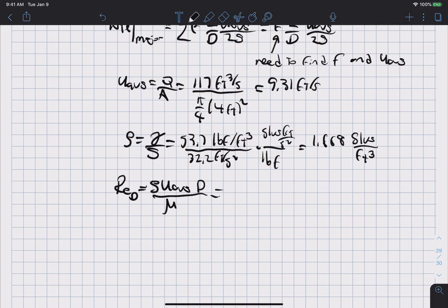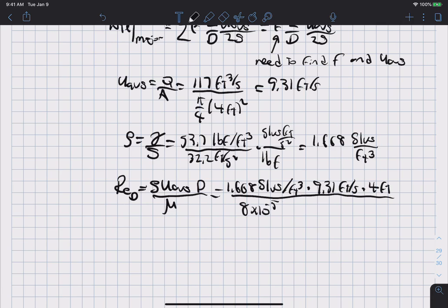Sticking in the numbers, this is 1.668 slugs per cubic foot times 9.31 feet per second times 4 feet divided by the viscosity, which was 8 times 10 to the minus 5 pound force seconds per feet squared.